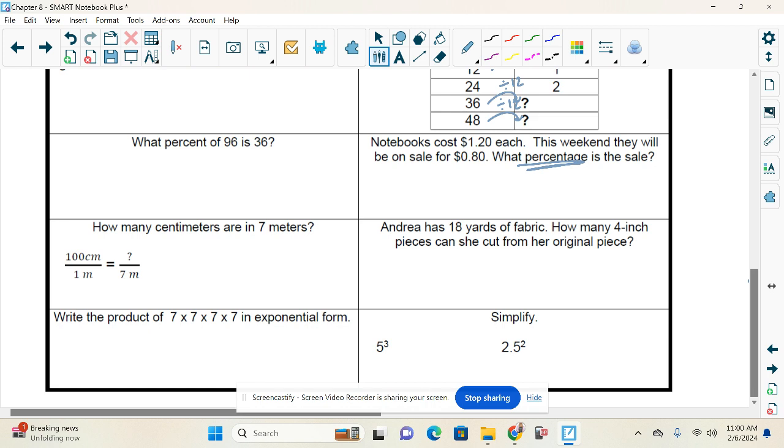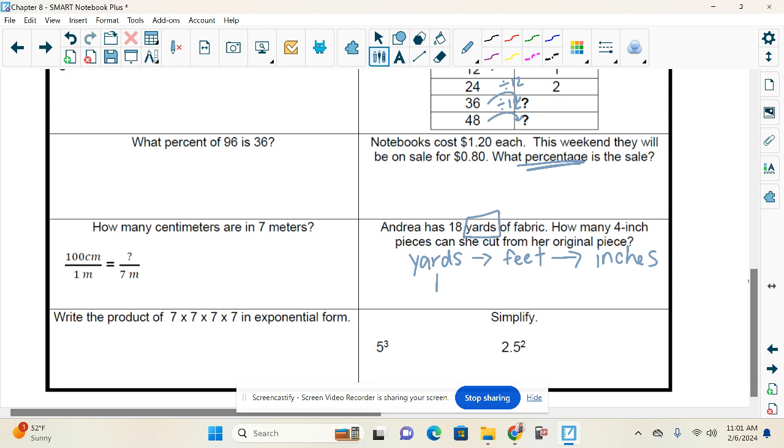And the next one says, Andrea has 18 yards of fabric. How many 4-inch pieces can she cut from her original piece? So we have yards going on here, and we need to convert from yards to feet to inches so that we can figure out how many inches we have in our yards.